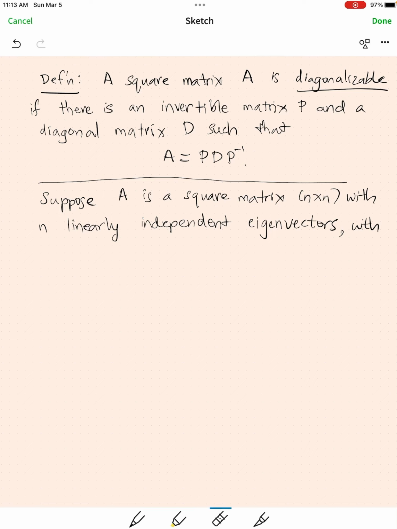Let's give those eigenvectors names, v1 through vn, with corresponding eigenvalues lambda 1 through lambda n.